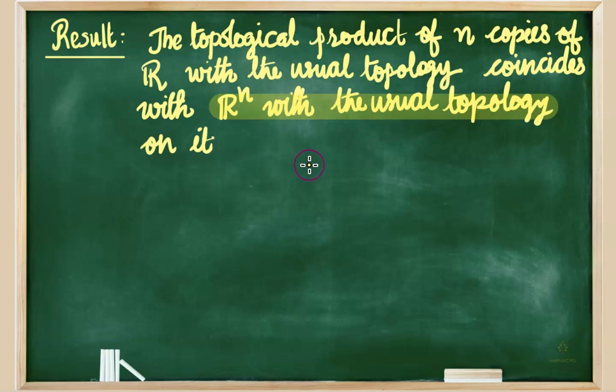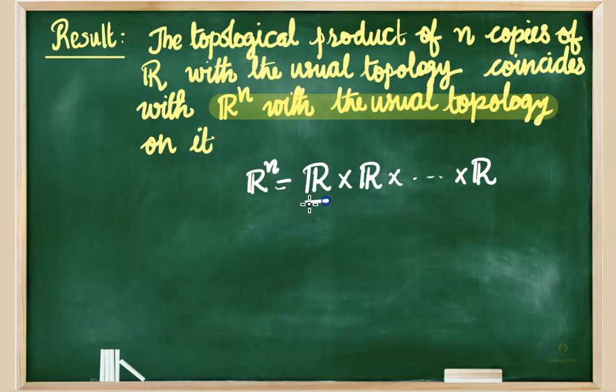So we have the topological space Rn with the usual topology defined on it. As we have seen earlier in the previous session, we can consider the Cartesian product of R taking n copies of R, and we can define a product topology on this Cartesian product, that is on the set Rn, using the topologies on these coordinate spaces.